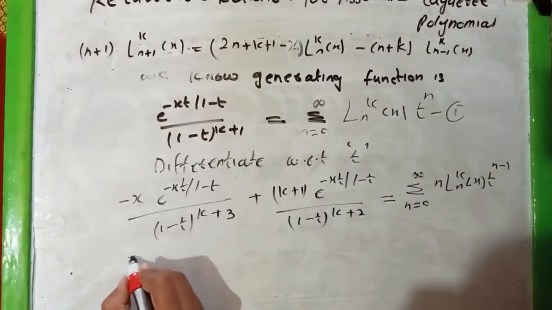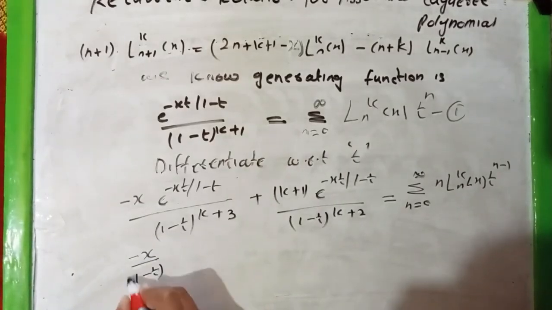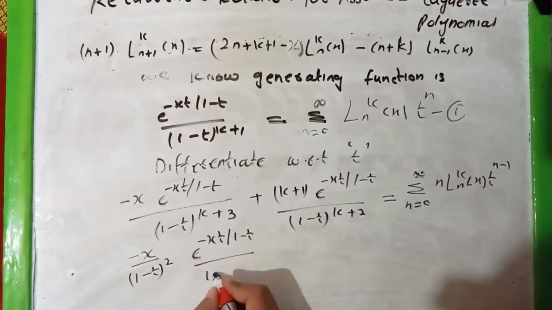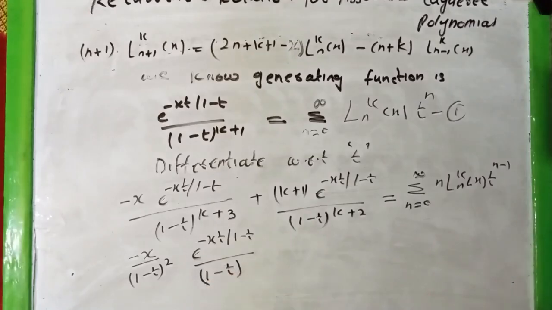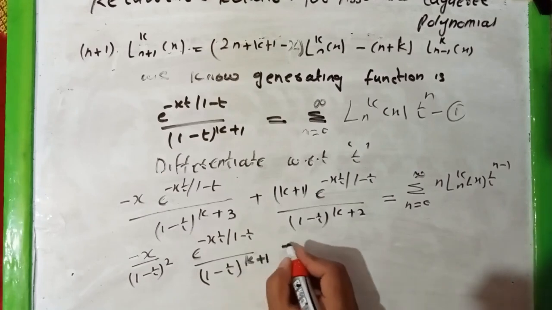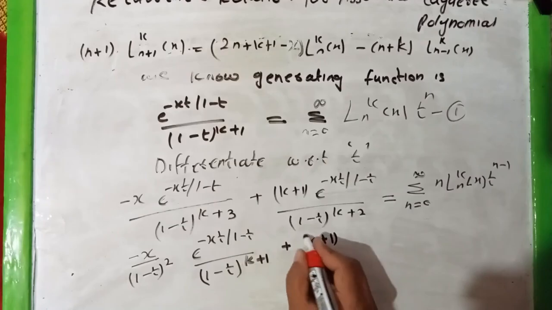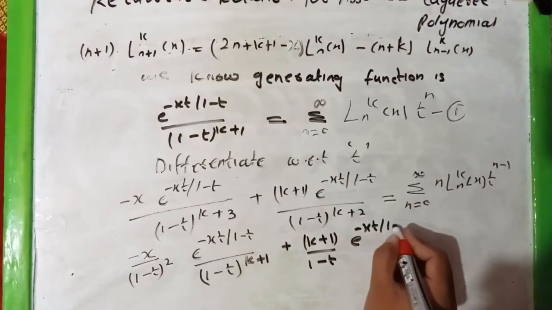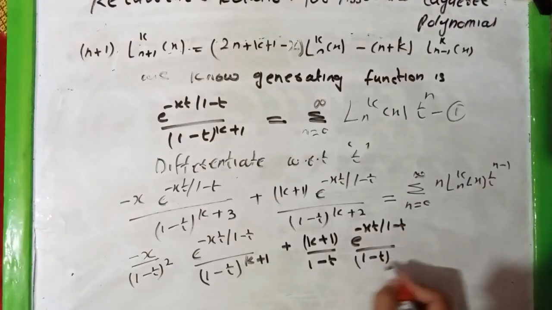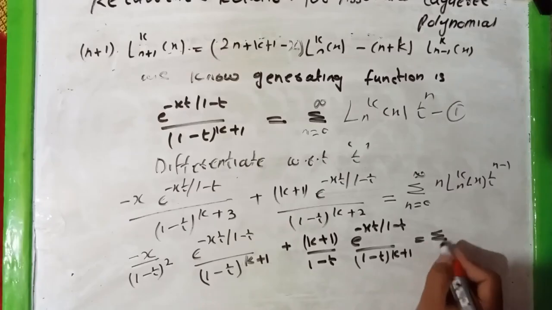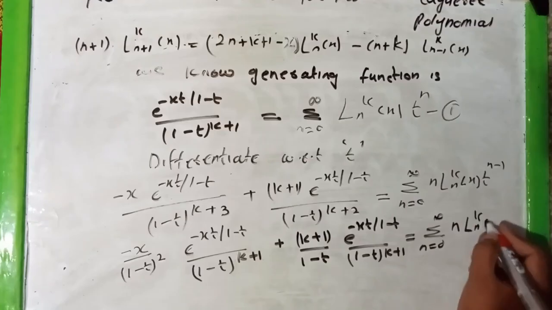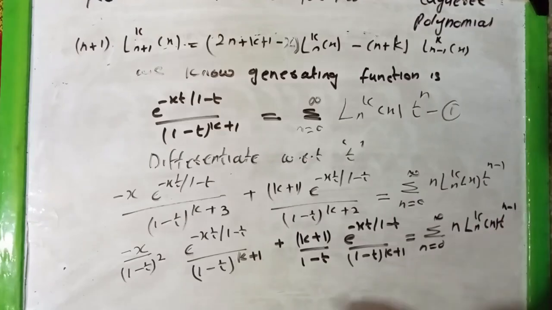This can also be written as minus x over 1 minus t raised to power 2 exponent minus xt over 1 minus t, over 1 minus t raised to power k plus 1, plus k plus 1 over 1 minus t exponent minus xt over 1 minus t, over 1 minus t raised to power k plus 1, is equal to summation n is equal to 0 to infinity n L_n^k of x t raised to power n minus 1.